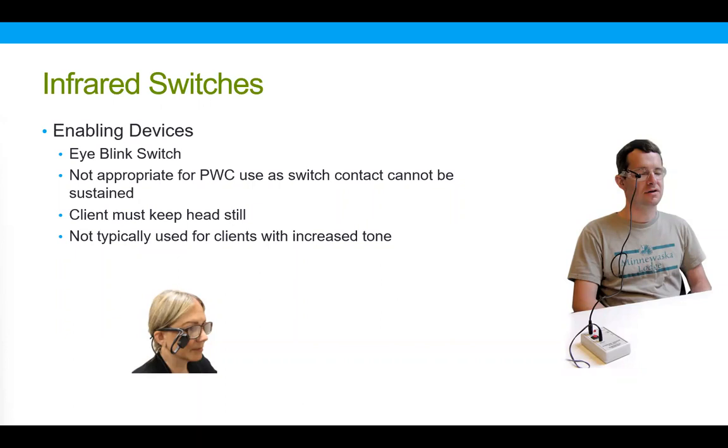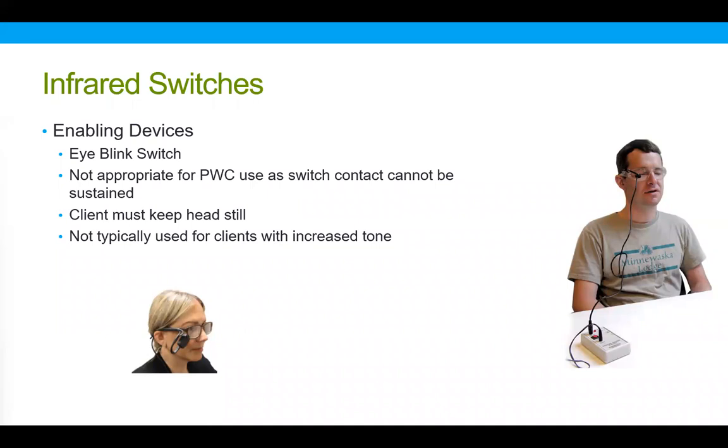It's only a momentary switch signal, but you can use it for other assistive technologies. The client really needs to keep their head still or it doesn't work very well. Again, used a lot by people with muscle weakness. A lot of people with ALS will maintain some ability to control their eye blink.